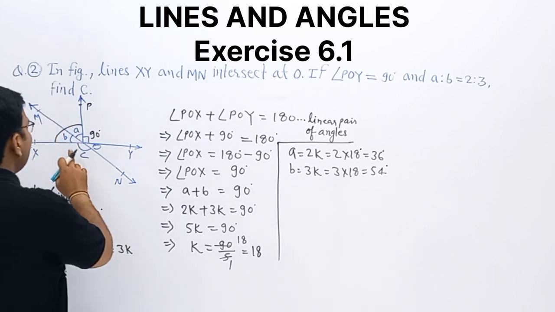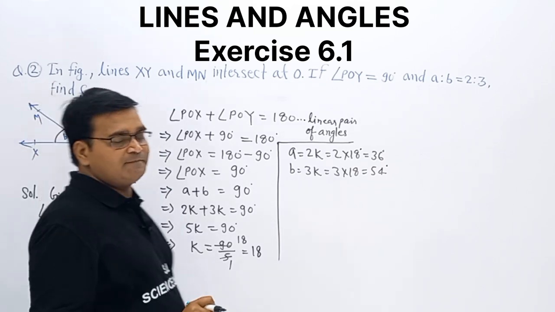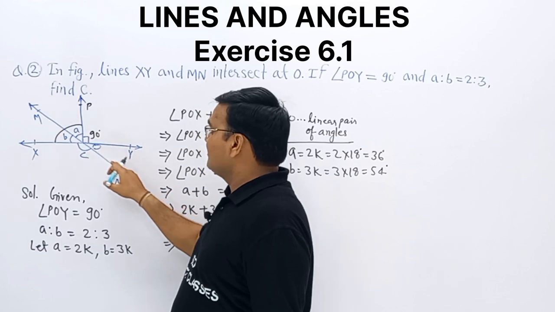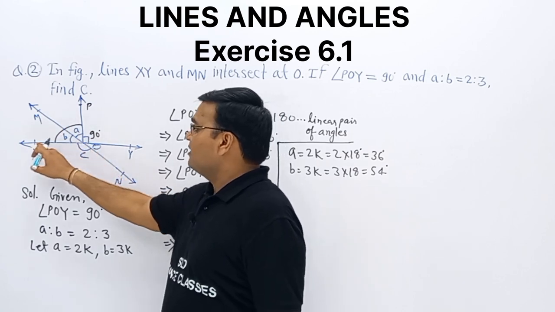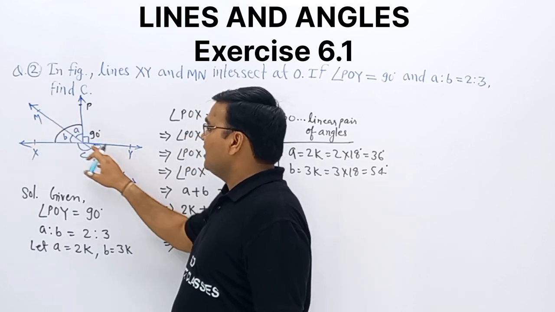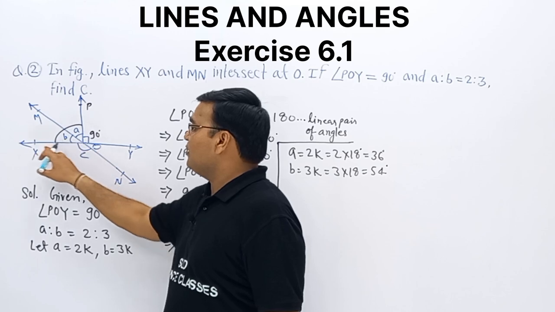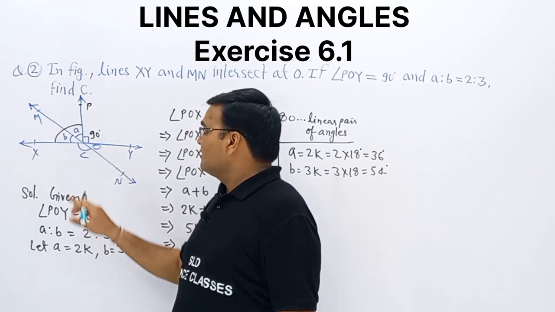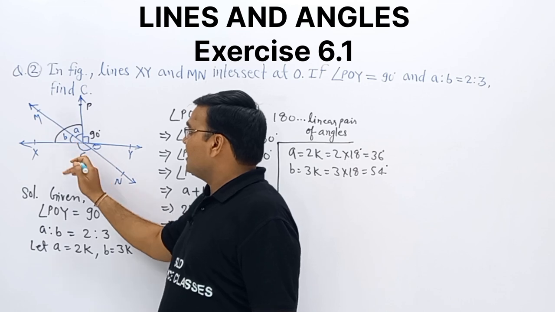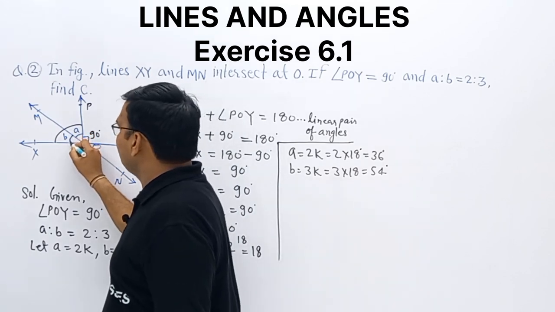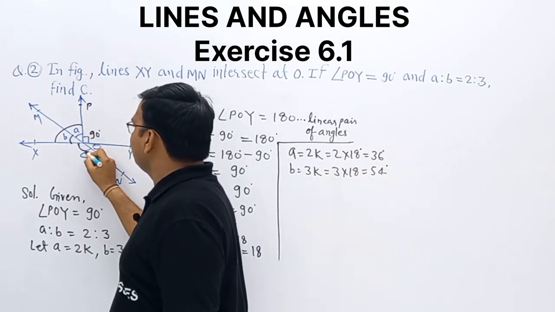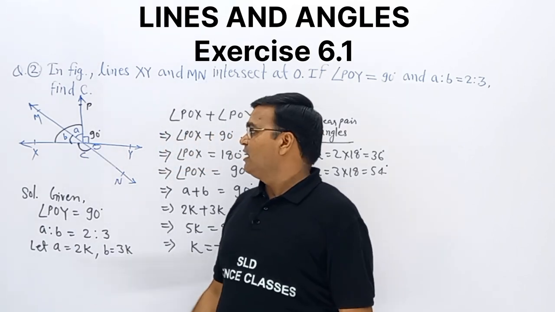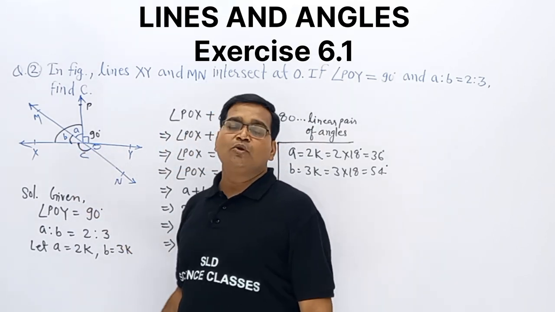Now we want angle C. Observe this one. We want this angle. So this straight line has this ray, the OX ray, standing on this line. So we can say this angle B and this angle C are making adjacent angles, and the sum of both angles will be 180.